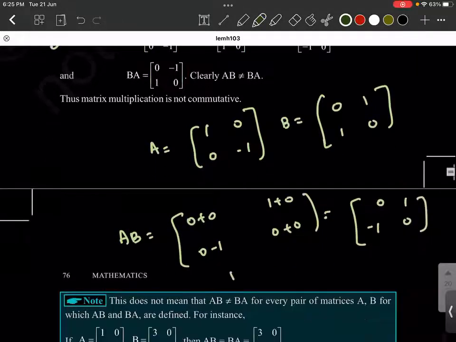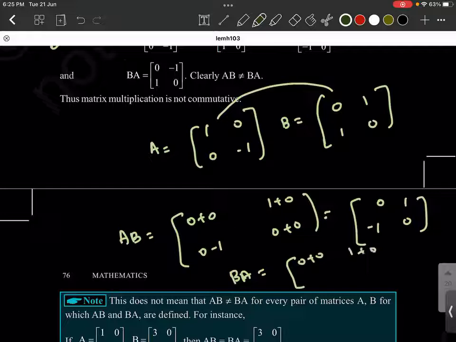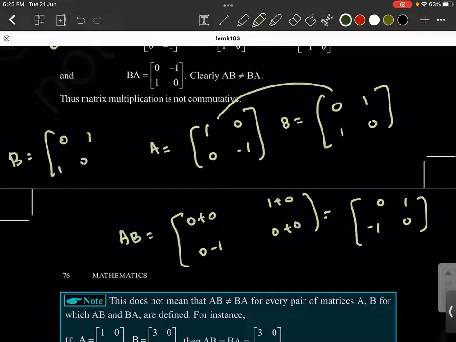Then what about BA? BA will be 0 into 1, that is 0 plus 0. Then you will have 1 plus 0. For BA, I'll write B this side, 0, 1, 1, 0.